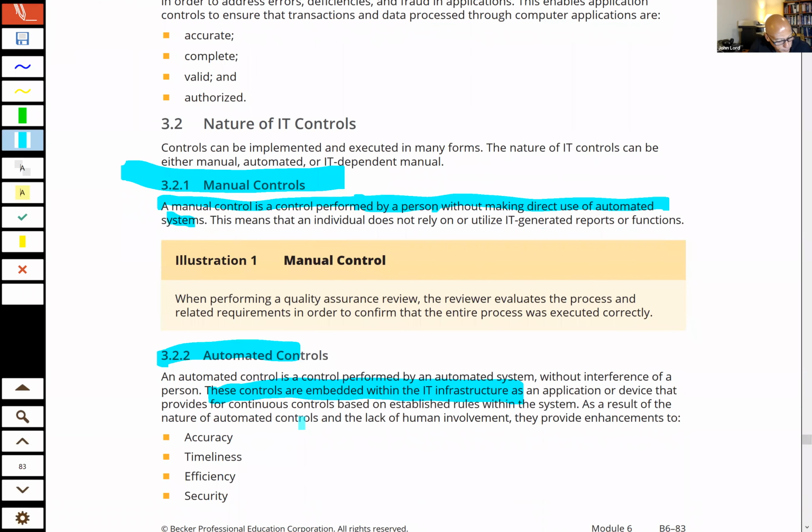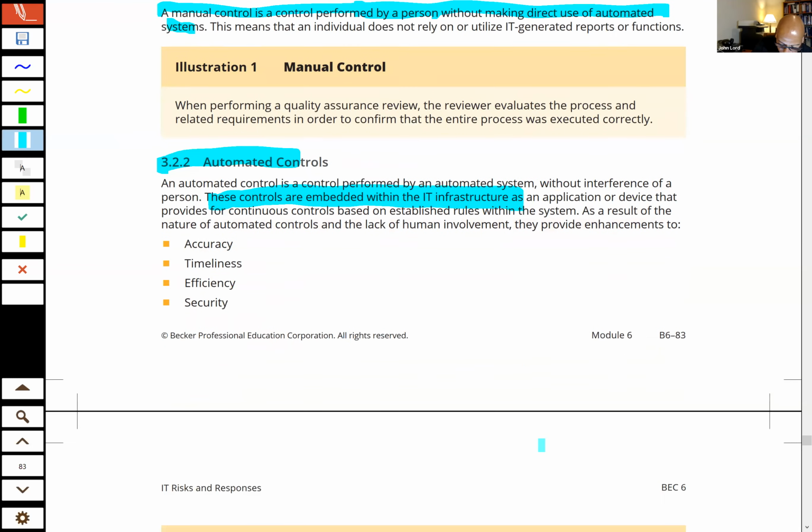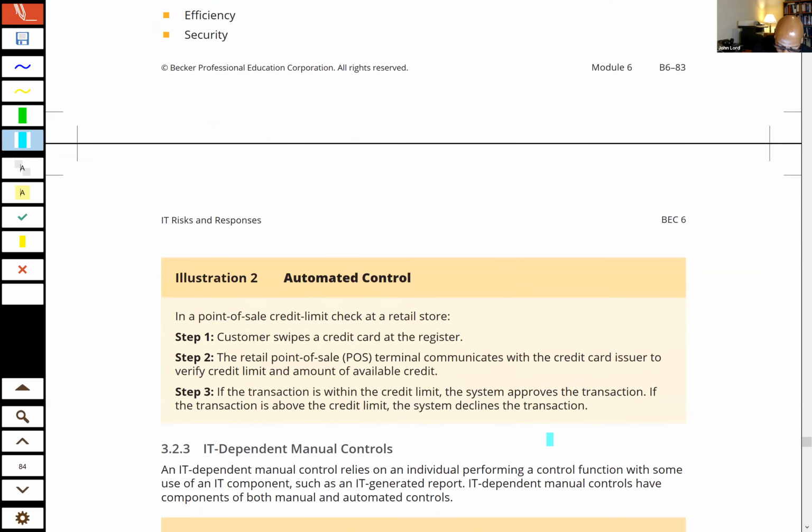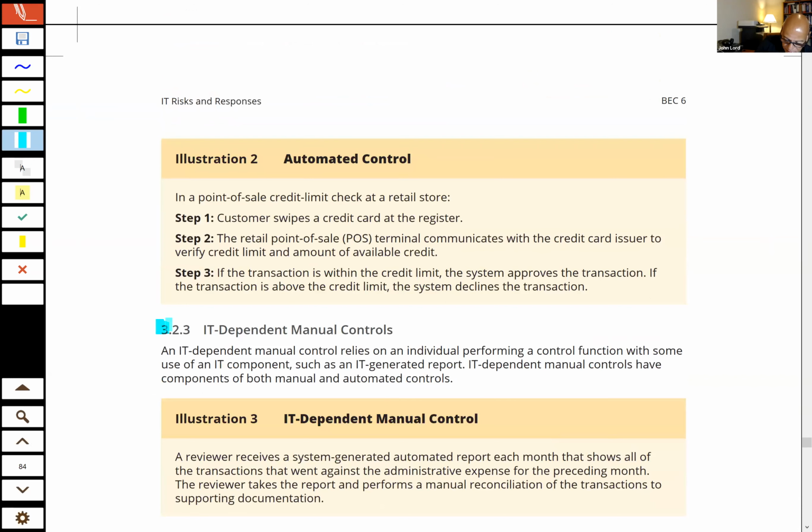Now you come over and you take a look at IT dependent manual controls, and you know, some of these definitions, guys, are like, okay, the definition is what the thing is called, because it tells you that it's combining both the manual controls and IT controls.